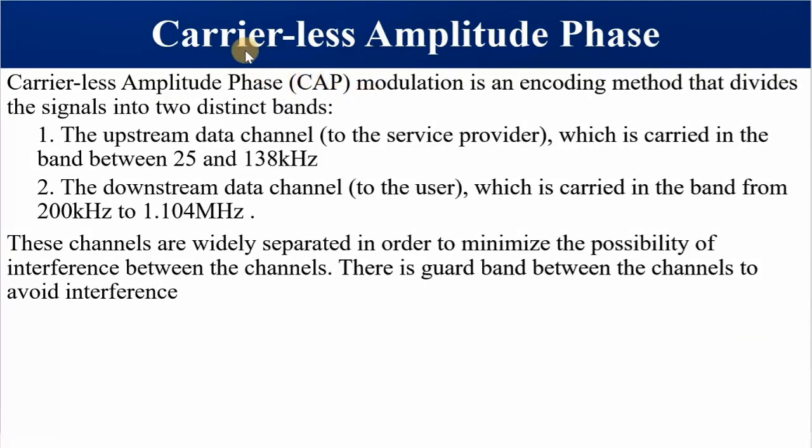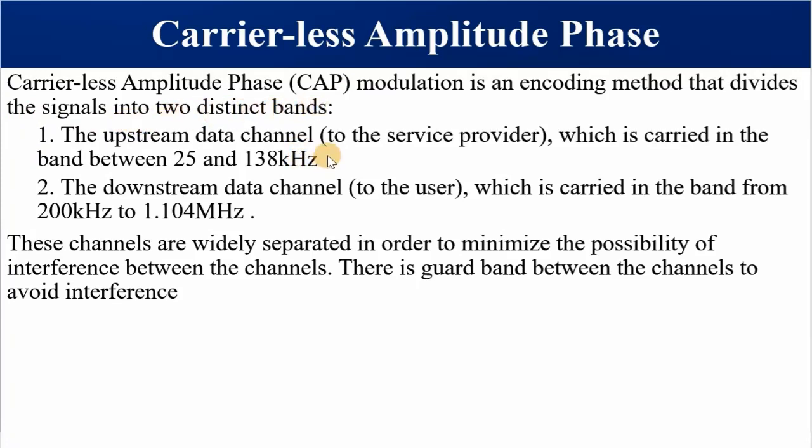What is carrierless amplitude phase modulation? This is a type of modulation that divides our UTP line into two distinct bands.